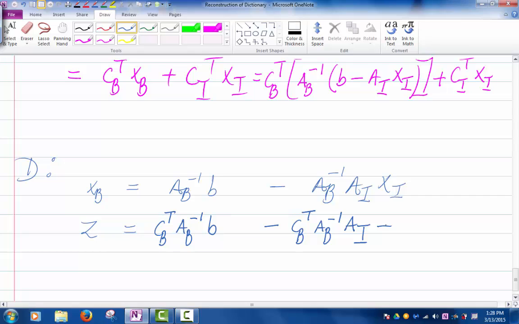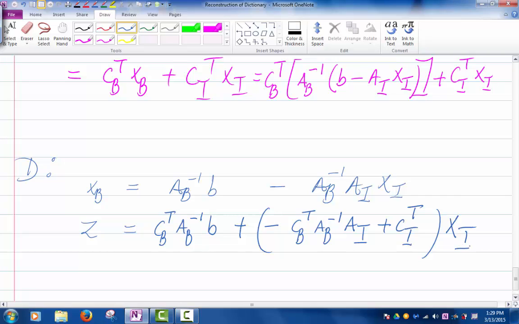plus CI transpose, with parentheses here. The whole thing will be multiplied by XI.